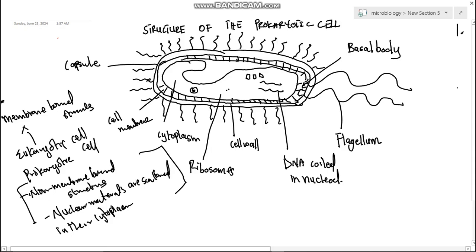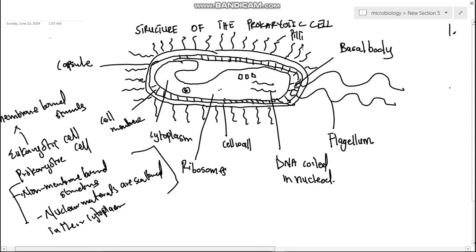And in some bacteria, we have sexual pili as well, which are involved in sexual activities. So we have sexual pili and the ones that we use for attachment. These ones that you see here are the pili. This is the basic structure that we can briefly talk about.